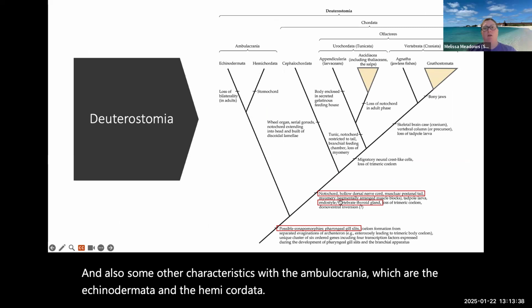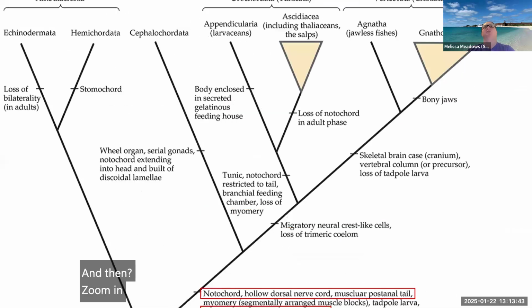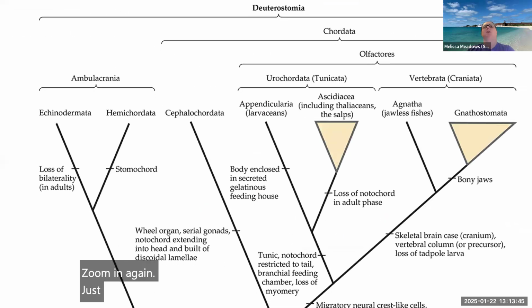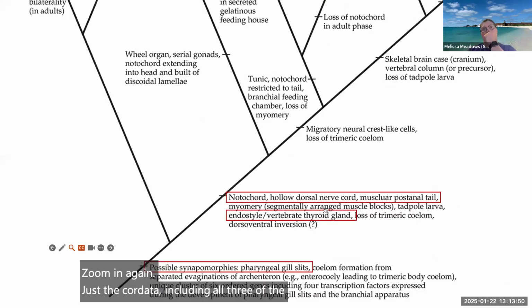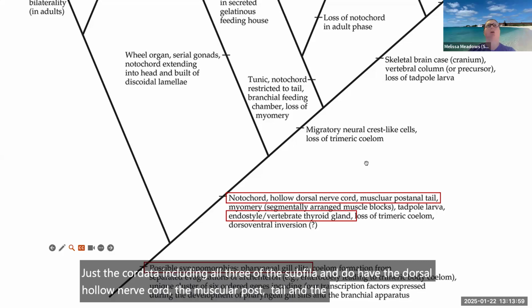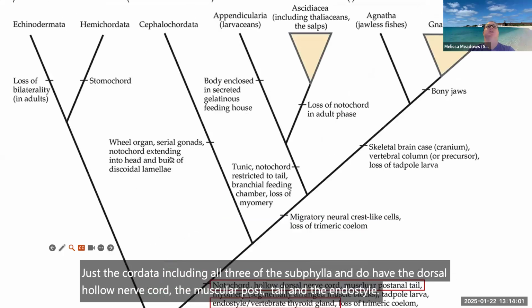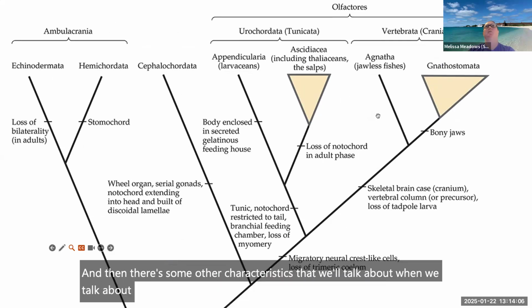And then zoom in again. Just the chordata, including all three of the subphyla, do have the dorsal hollow nerve cord, the muscular postanal tail, and the endostyle. And then there's some other characteristics that we'll talk about when we talk about each of the subphyla.